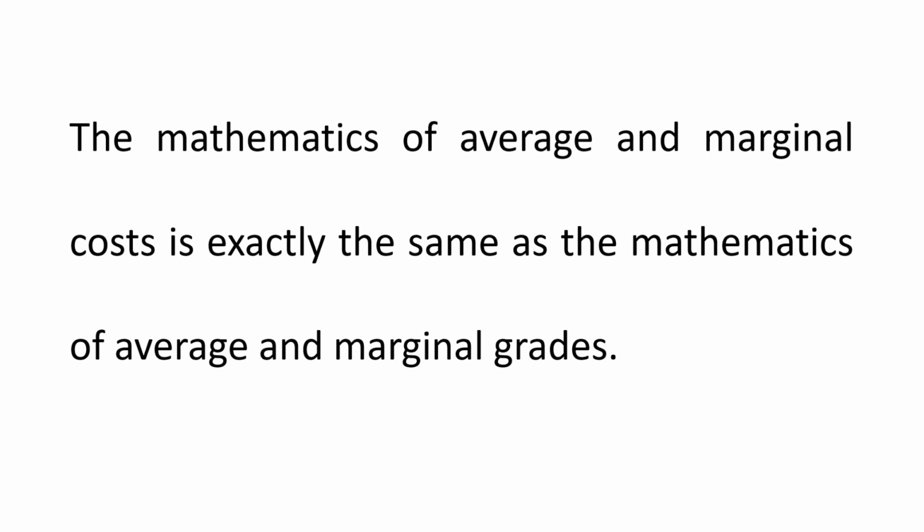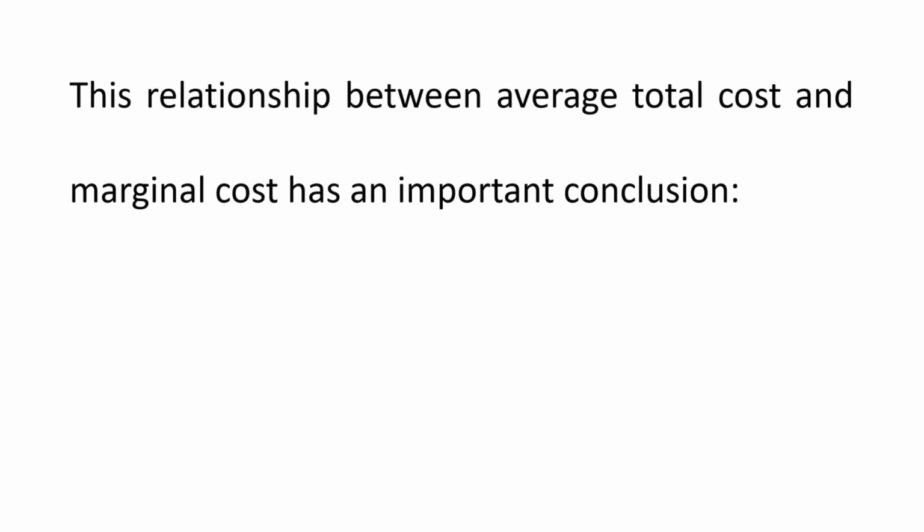The mathematics of average and marginal cost is exactly the same as the mathematics of average and marginal grades. This relationship between average total cost and marginal cost has an important conclusion.